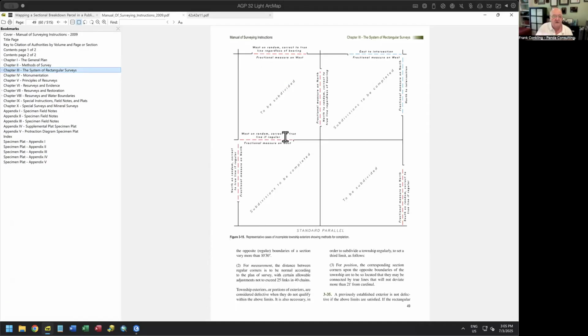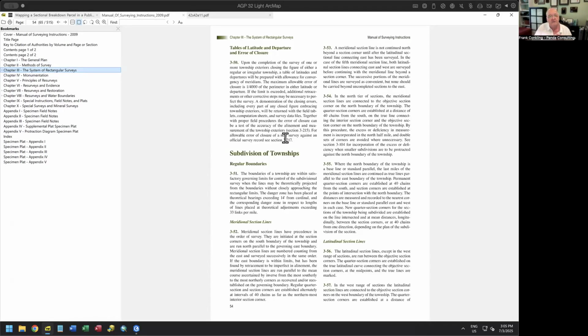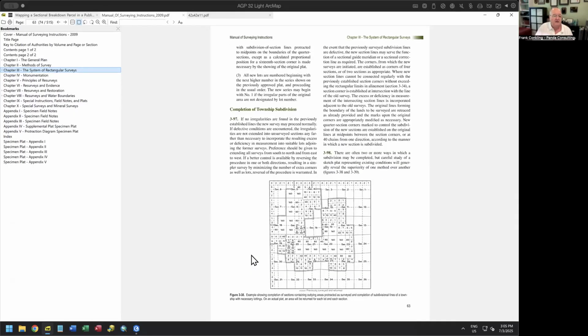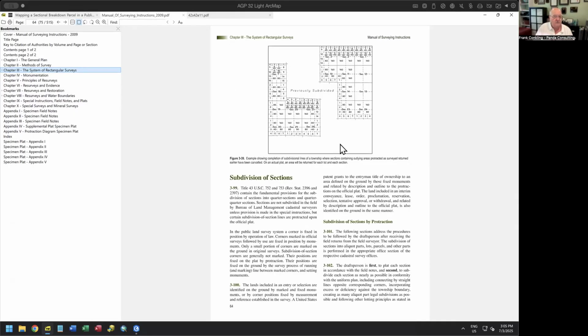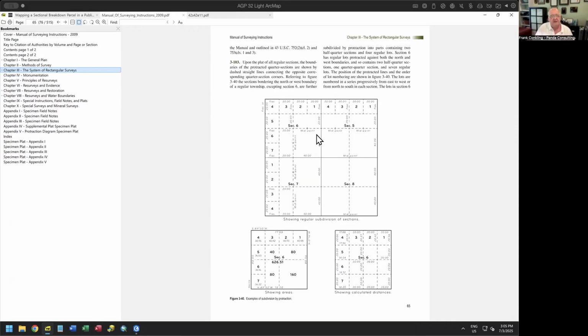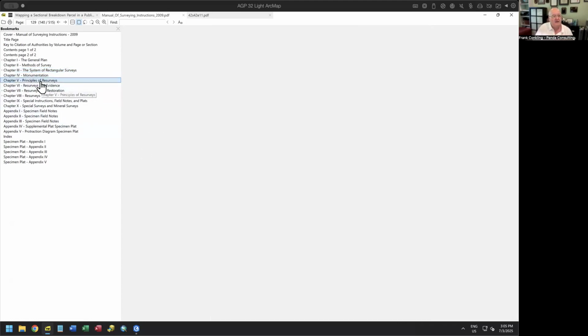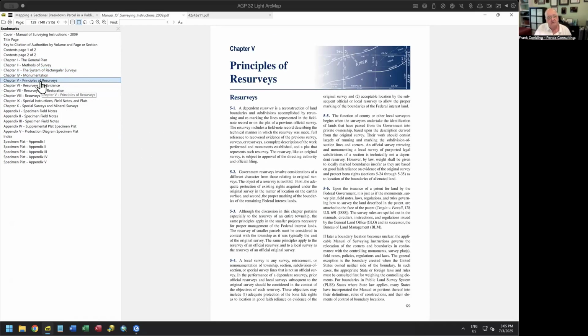Interestingly, for those of you that are concerned about water boundaries, there's a whole section on how to handle water boundaries, how these individual surveys went, the mineral surveys, some of the other block surveys. It gets into a great deal of detail on how to generate government lots and all of this, including things like the principles of resurveys.